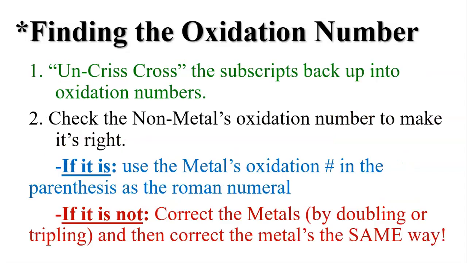All right, so finding the oxidation number, you'll have to uncrisscross the subscripts back up to the oxidation numbers and check the nonmetal's oxidation number to make sure it's right. If it is, you use the metal's oxidation number in the parentheses as your Roman numeral. And if it's not, you correct the nonmetal by doubling or tripling and then correct the metal the same way.